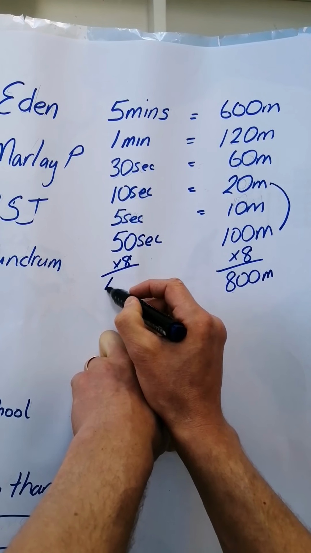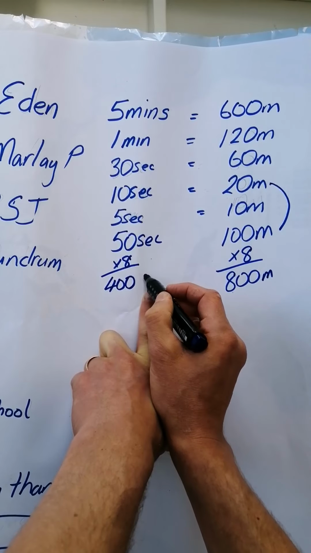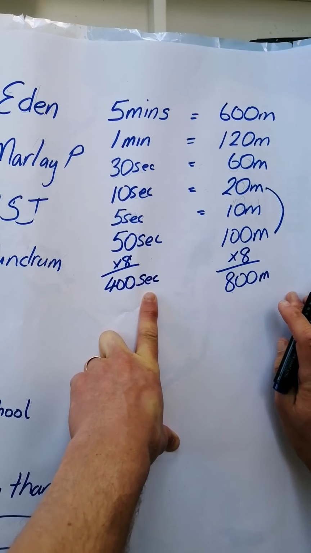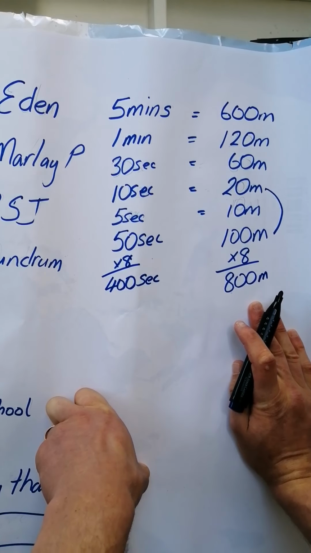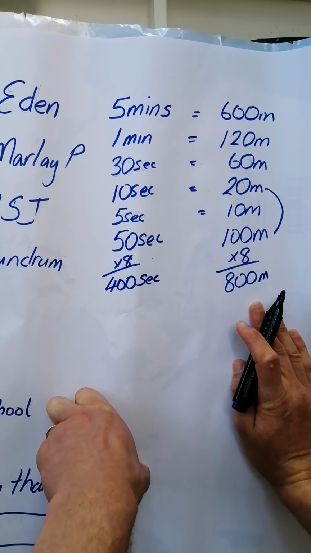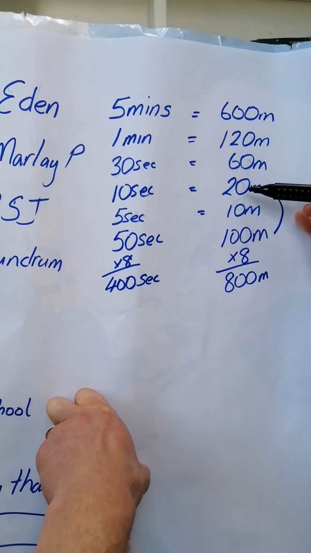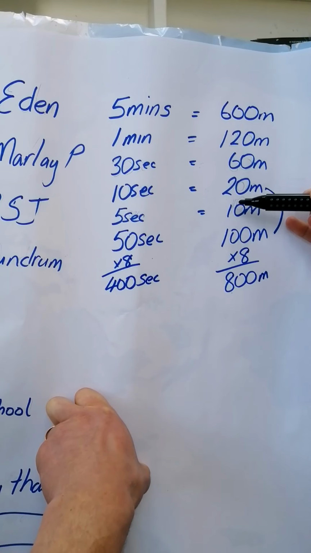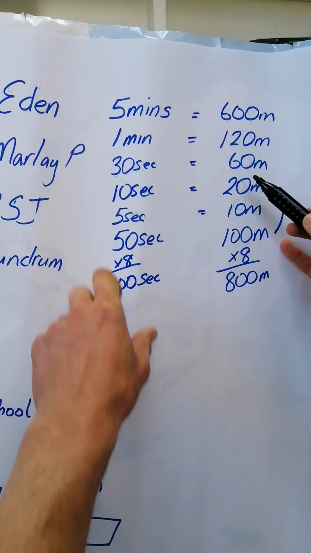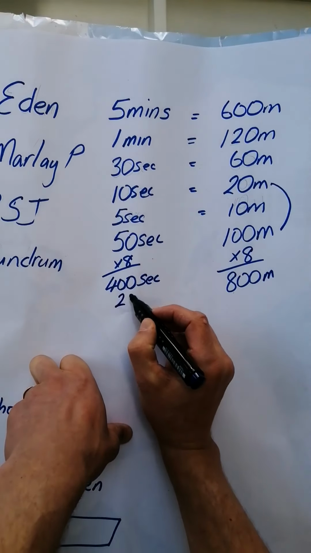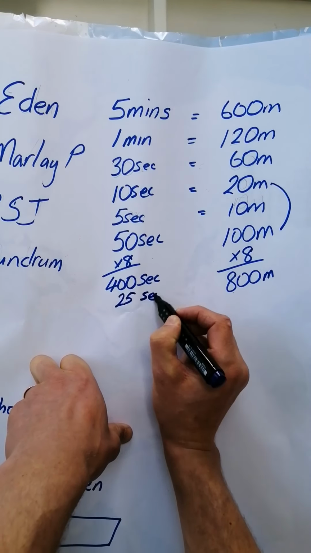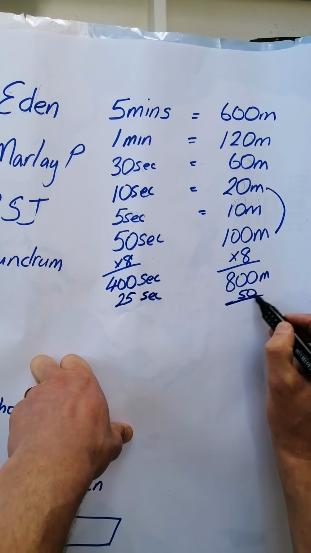That gives me 400 seconds, which is 6 minutes and 40 seconds, I think. And 50, which is 20, 20, and 10, so that is 25 seconds. That's for the extra 50.